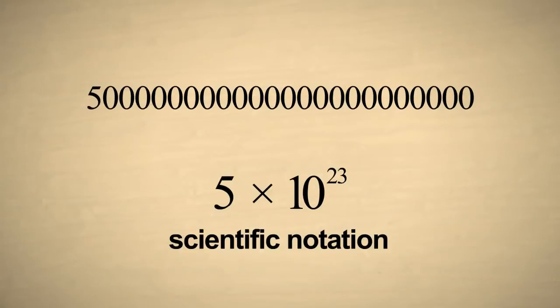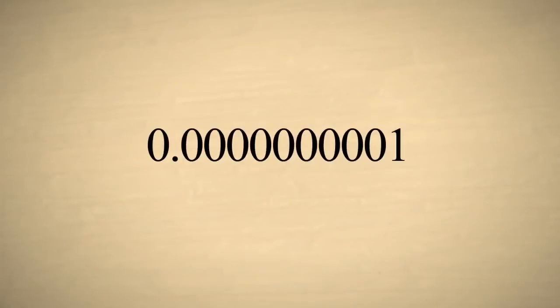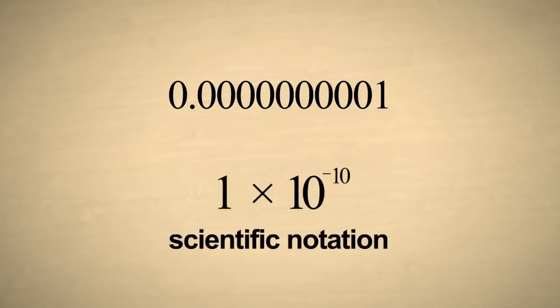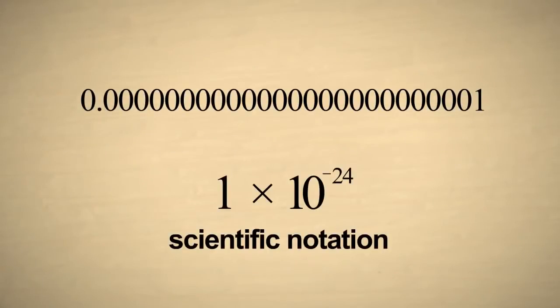Very small numbers are also much easier to express in scientific notation. For example, the size of an atom of helium, about 1/10,000,000,000th of a meter, expressed in scientific notation is 1 times 10 to the negative 10 meters. And 1 yoctosecond is 1 times 10 to the negative 24 seconds.